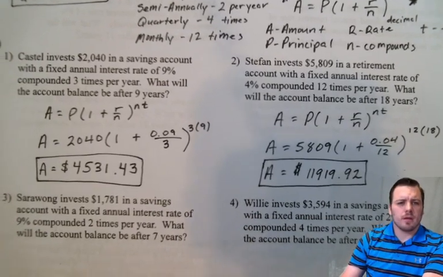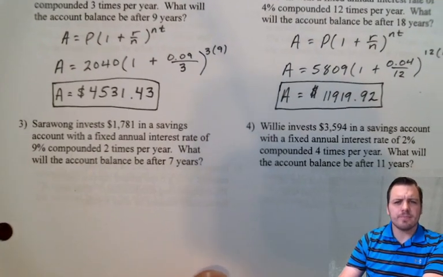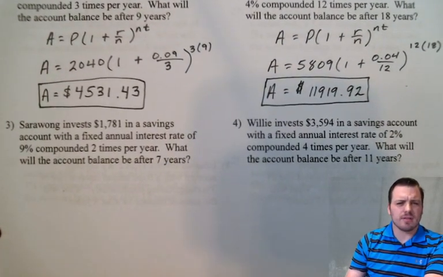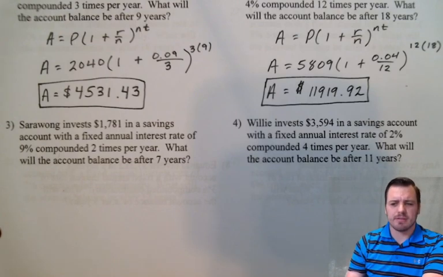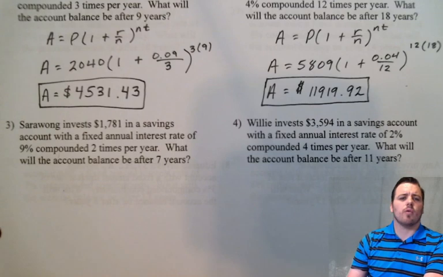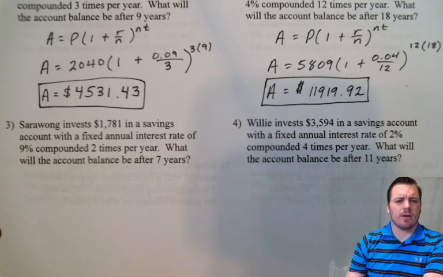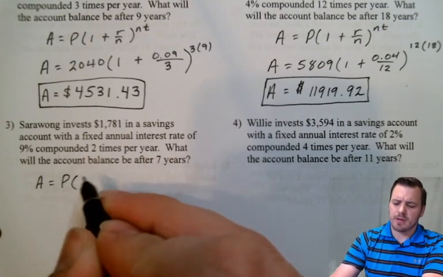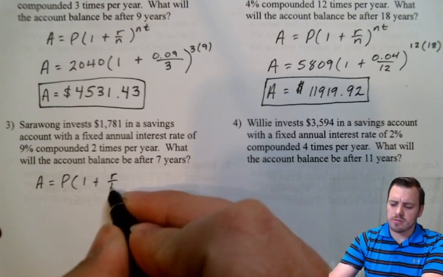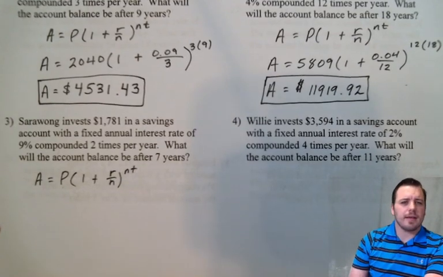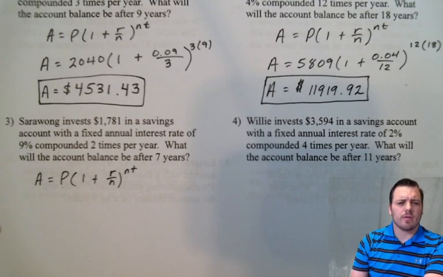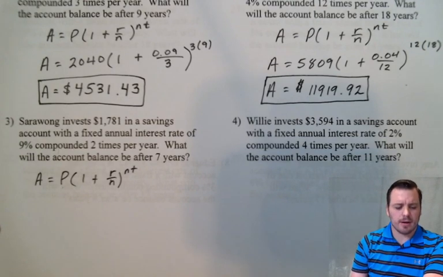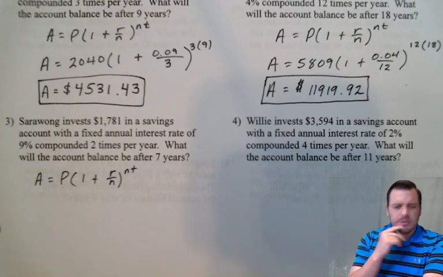All right. Let's jump down here. Number 3. Sarah Wong invests $1,781 in a savings account with a fixed annual interest rate of 9% compounded 2 times per year. What will the account balance be after 7 years? All right. So A equals P times the quantity of 1 plus R over N. And we just need to type in our values.